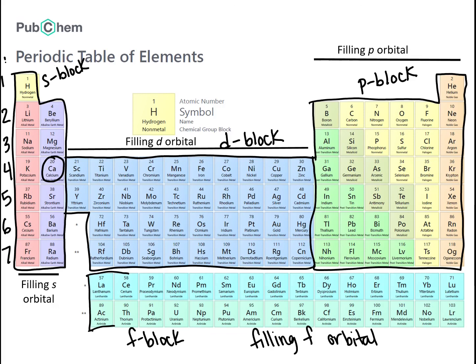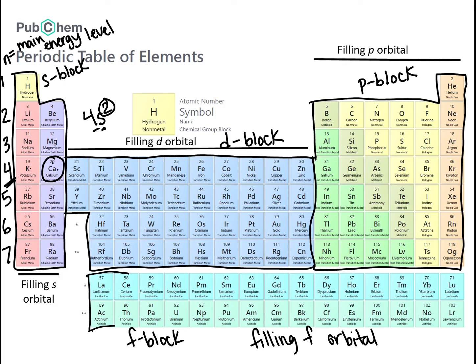So that's our N. So the calcium that I was talking about before, it should be filling its 4s2. See, that's the main. We're in S block, and it's 1, 2. So that should be the last thing that you write in your electron configuration.